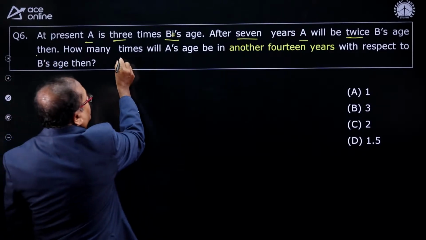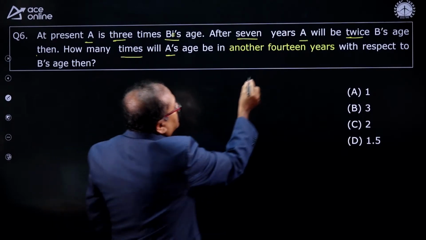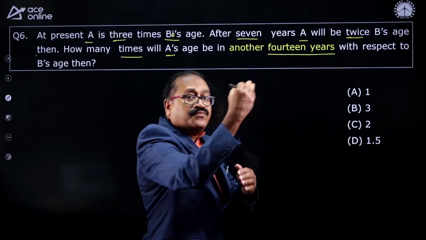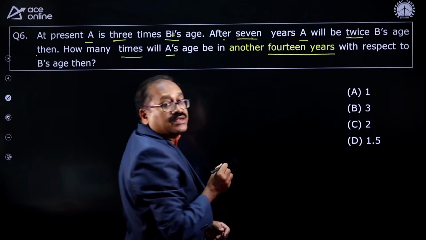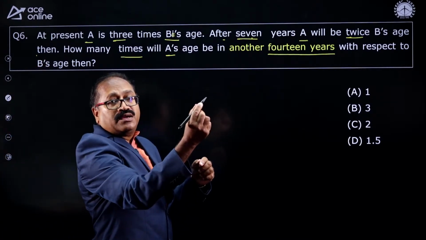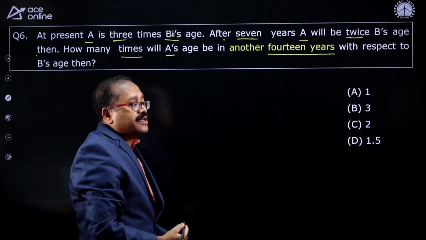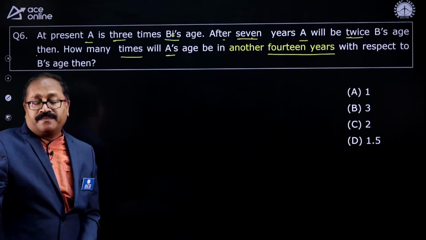Then, how many times B's age will A's age be in another 14 years? After 7 years, the relation is given. I need another 14 years, that means 7 years plus 14 years, after 21 years, with respect to B's age.